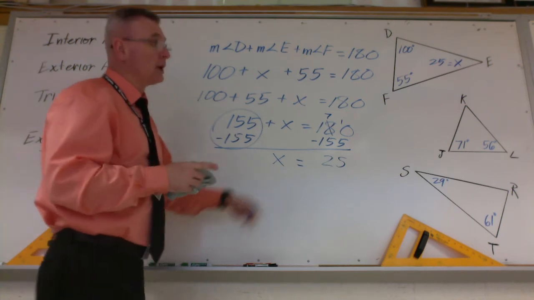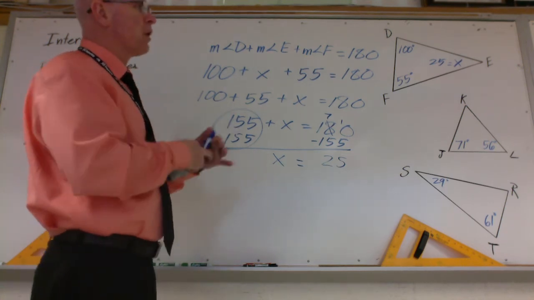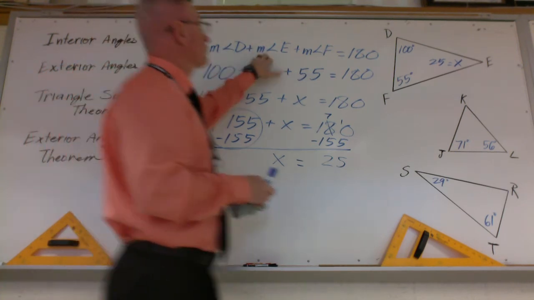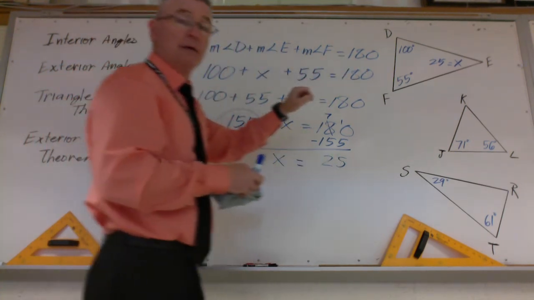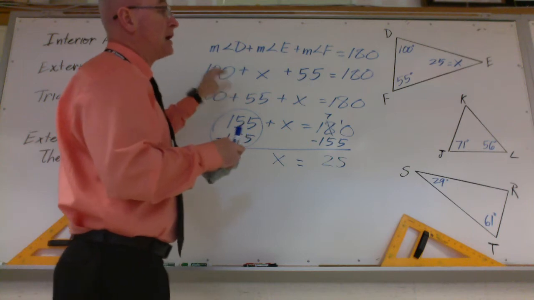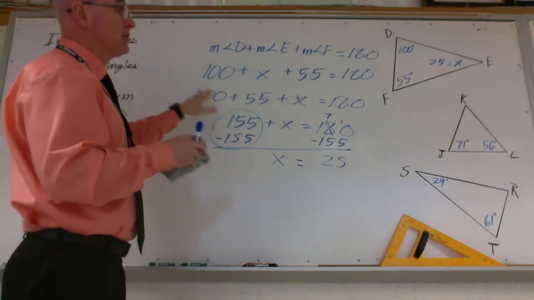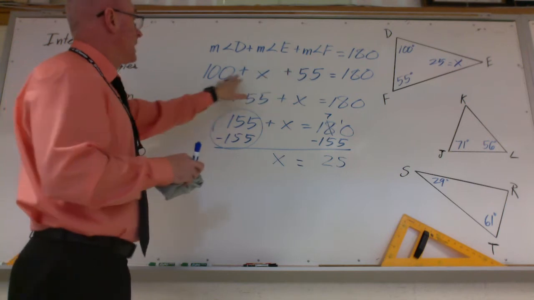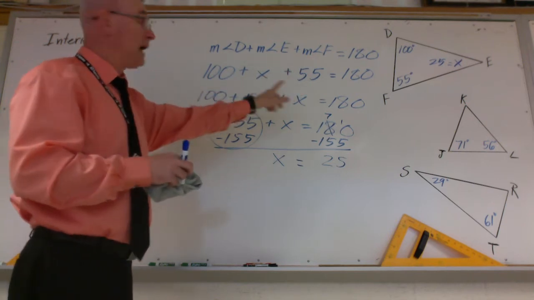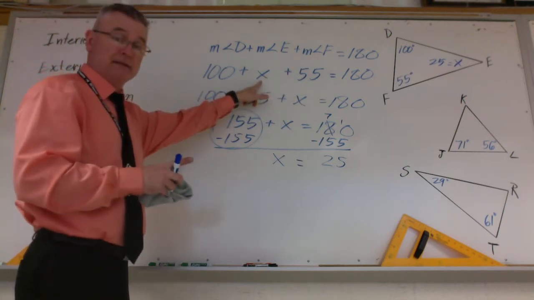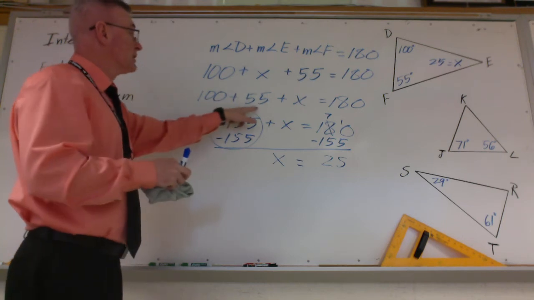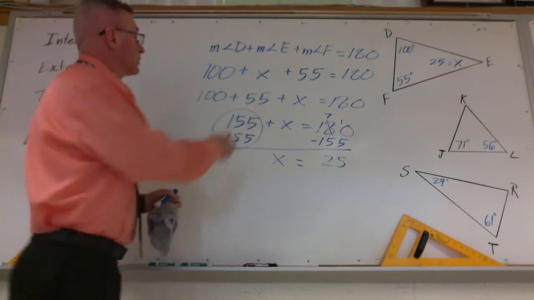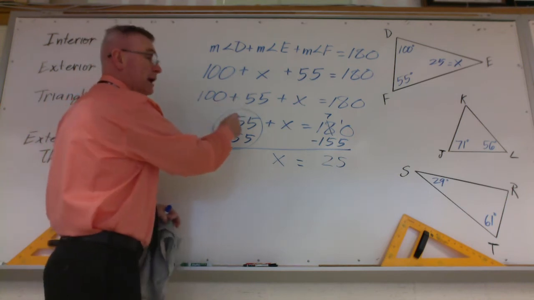So I solved. My goals were to use informal arguments to establish the facts. So I established the fact that these three together equal 180. And then I used the angle sum theorem, and I set up an equation. I substituted what I knew, and I created a variable for what I didn't. And then I used the commutative property of addition. I combined like terms.